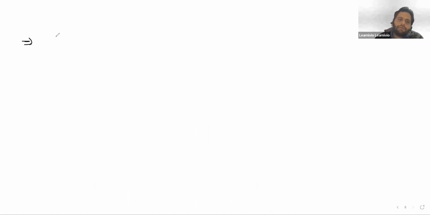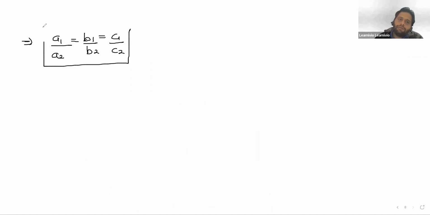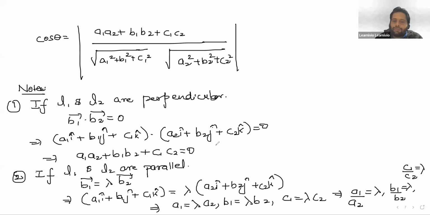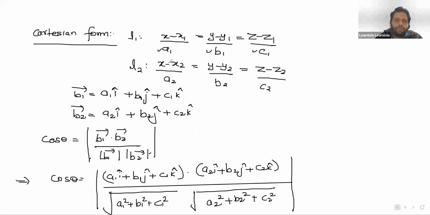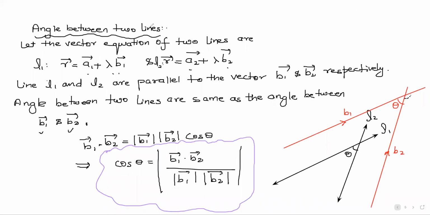So we can combine all the results and you will get A1 by A2 is equal to B1 by B2 is equal to C1 by C2. So if two lines are parallel, you can use this condition. If two are perpendicular, you will use the other condition. I hope this is clear to you all. Now please note down this, let me know, then I will change this slide.